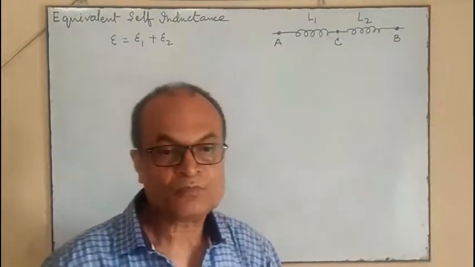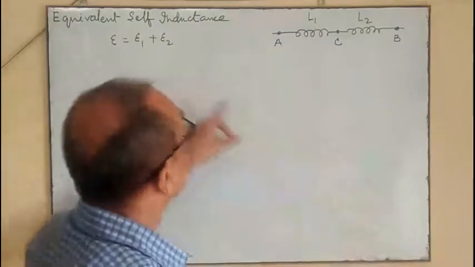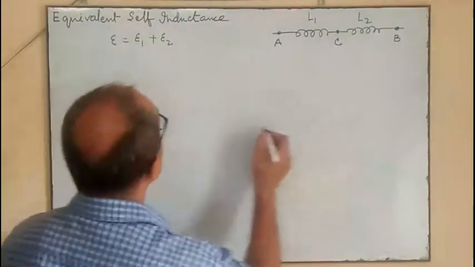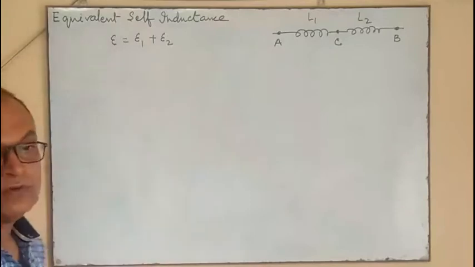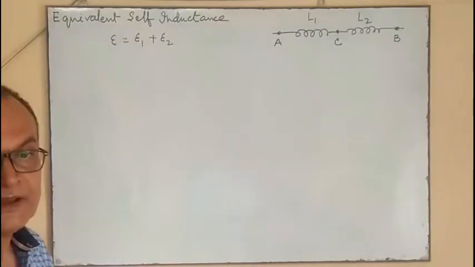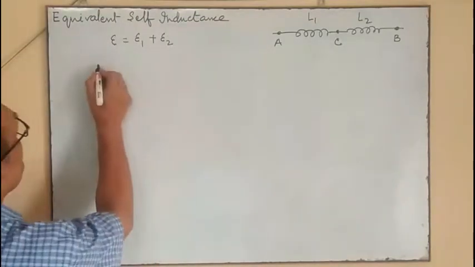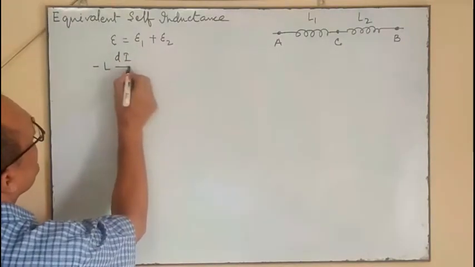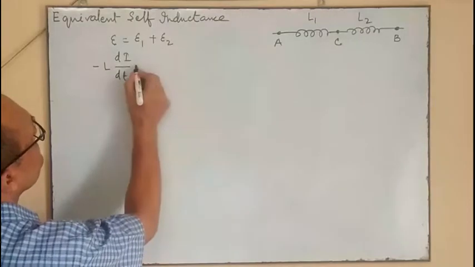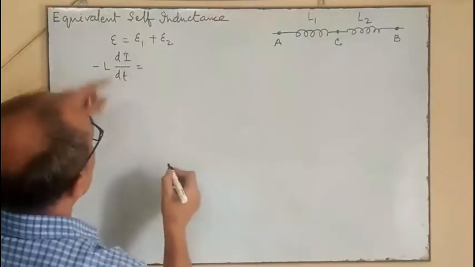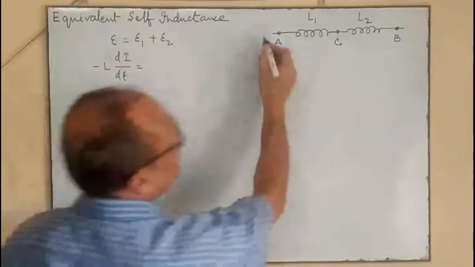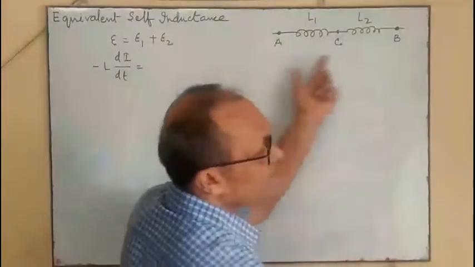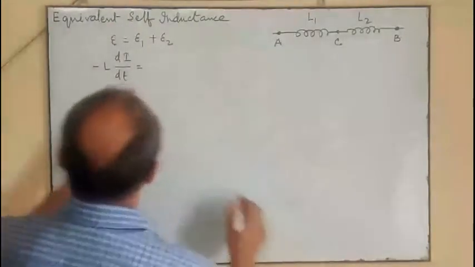So we know here that epsilon is equal to minus L di by dt. I is the current flowing through this whole combination.